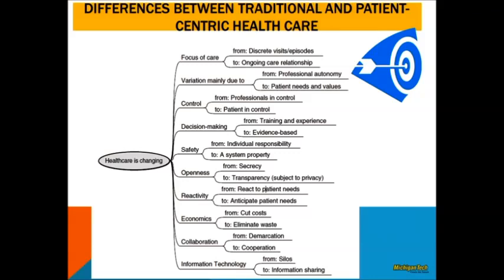Okay. Also, there are other differences. For example, collaboration in the past was demarcation. We need cooperation. So these different things mean that health care is changing. So we need the health information system to change, okay, to make it very, very changing.